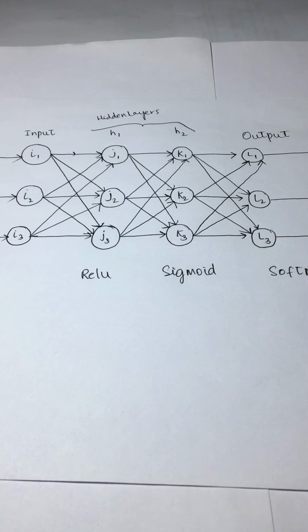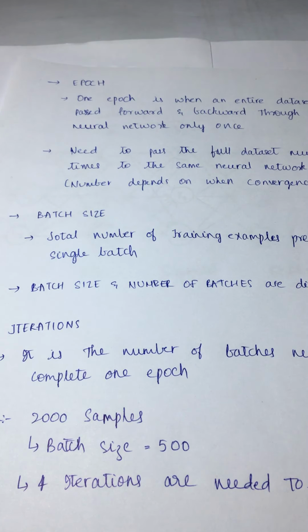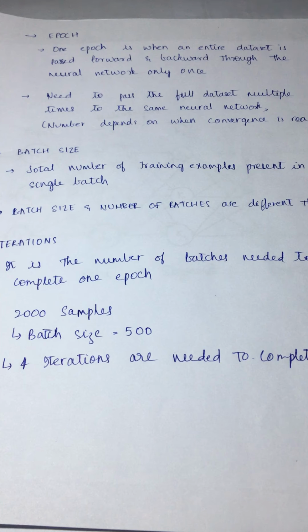So you have your epoch, and then you have batch size. Batch size is the number of training examples. It's easier to remember with an example: say you have 2000 samples and your batch size is 500.